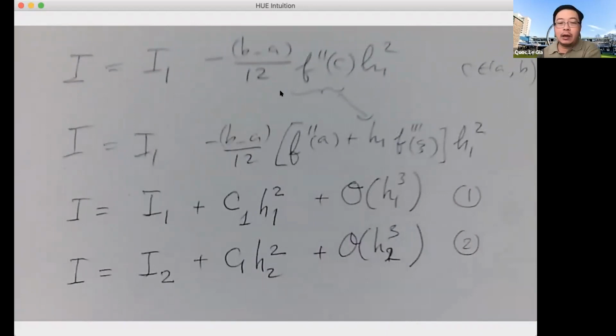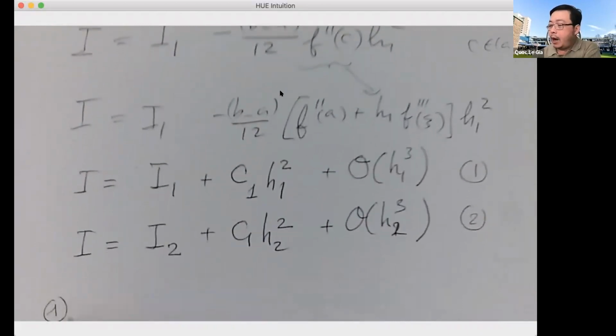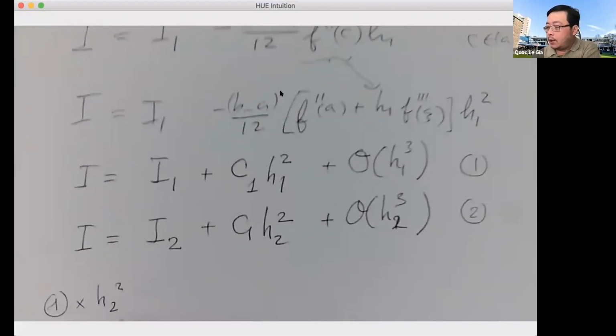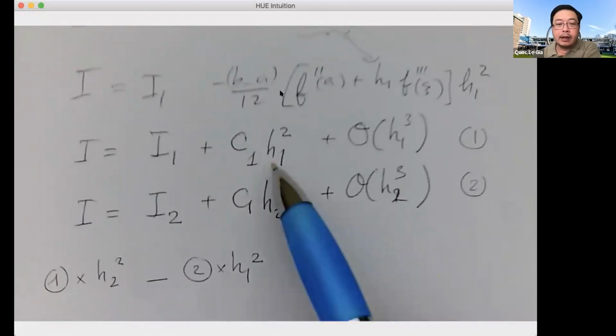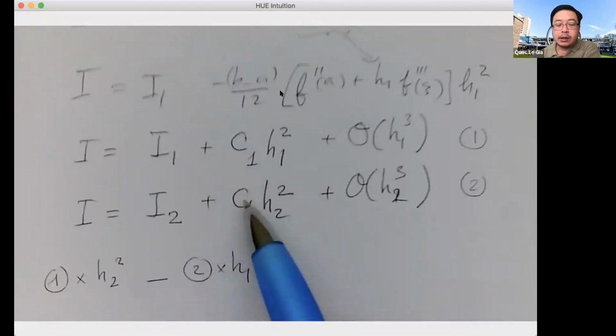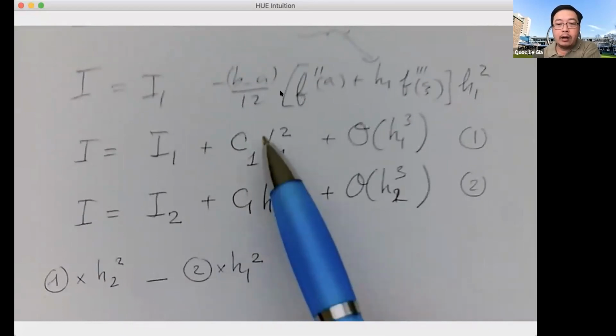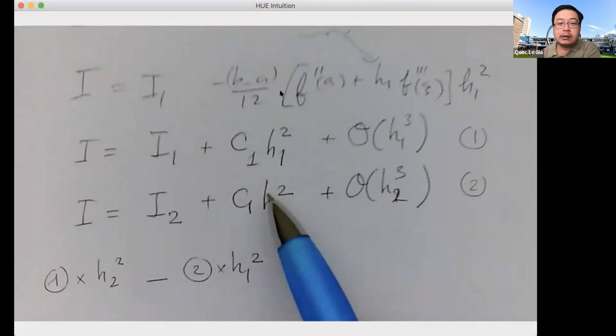Now let me multiply equation 1 by h2 square, and then subtract equation 2 multiplied by h1 square. Why am I doing this? You will see that this term gets cancelled, because if you multiply by h2 square here and subtract h1 square times h2 square there, it just goes away.